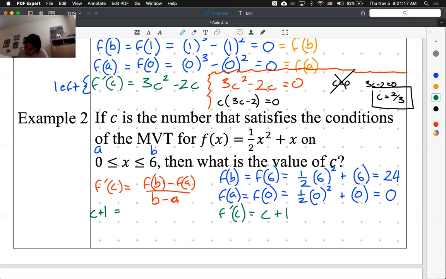On the right-hand side, I have f of b, which is 24, f of a, which is 0, all over b, which we know up here is 6, minus a, which is 0. 24 divided by 6 is 4. So our new equation, I know I ran out of room, is c plus 1 is equal to 4. Subtract 1 on both sides, and c is equal to 3.